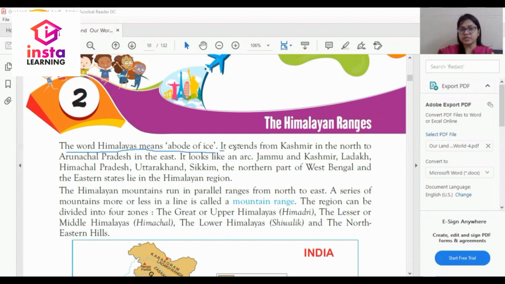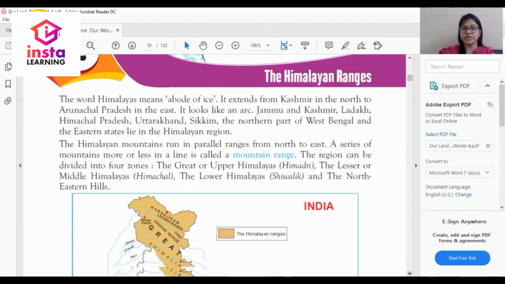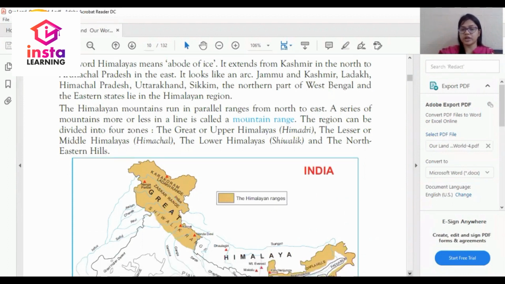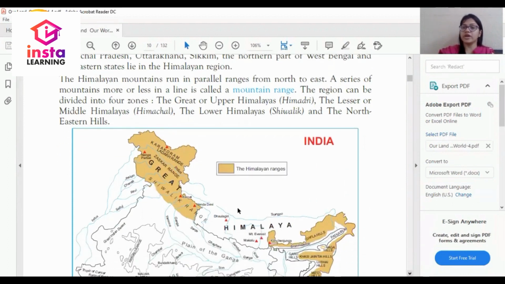It extends from Kashmir in the north to Arunachal Pradesh in the east. Dear student, नॉर्थ से ईस्ट तक इसकी क्या पोजीशन है? नॉर्थ में कश्मीर से लेके ईस्ट में अरुणाचल प्रदेश तक का जो एरिया है वो क्या है? हिमालय रेंज है. So this is the position of Jammu and Kashmir and this is the position of Arunachal Pradesh.